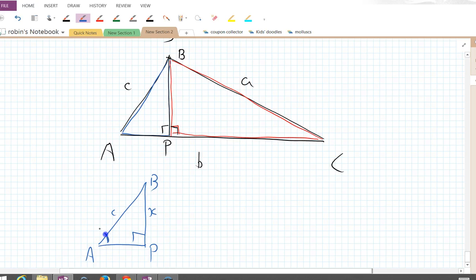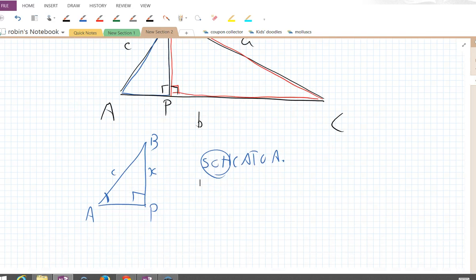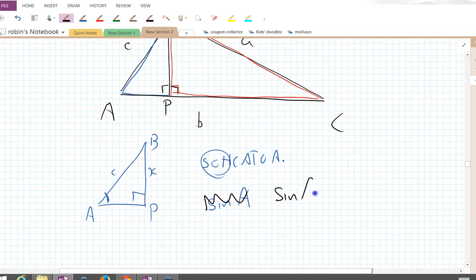Well, that's angle A in there. So you'll remember SOHCAHTOA. We're going to use the sine is opposite over hypotenuse. So sine A equals opposite over hypotenuse, which in this case is x over c.